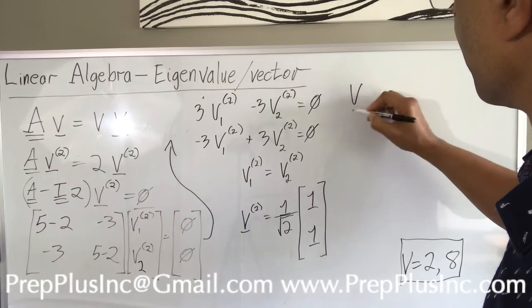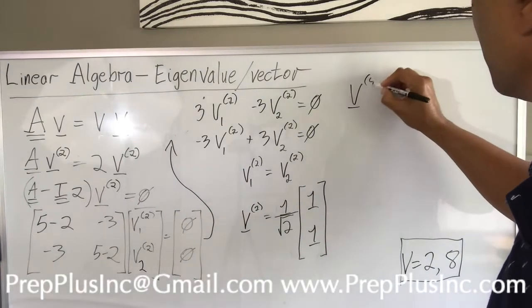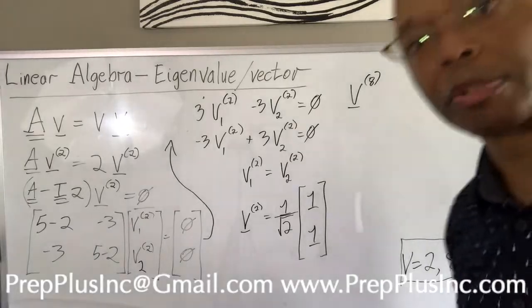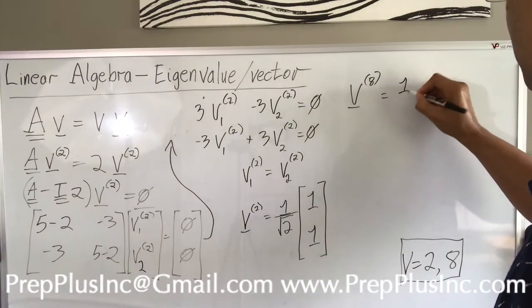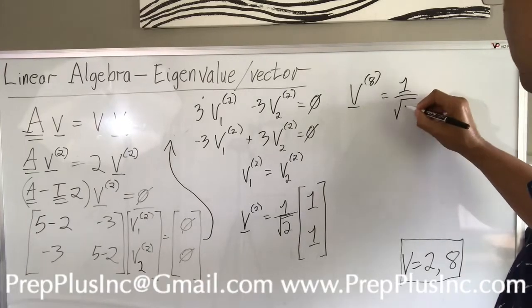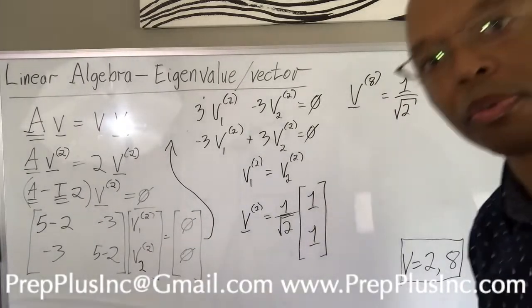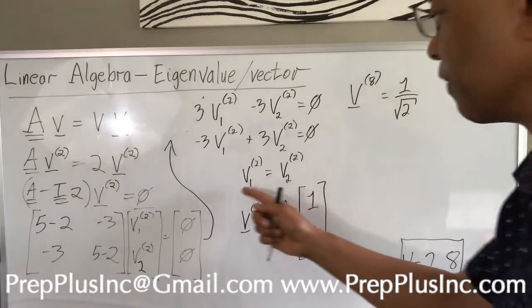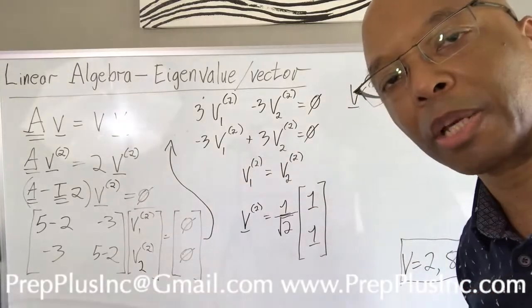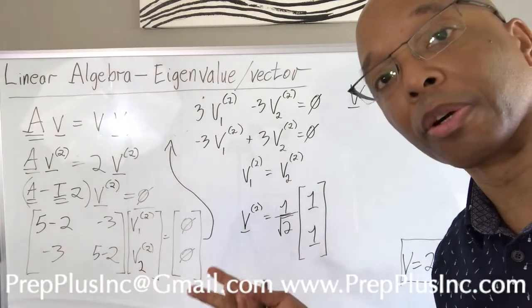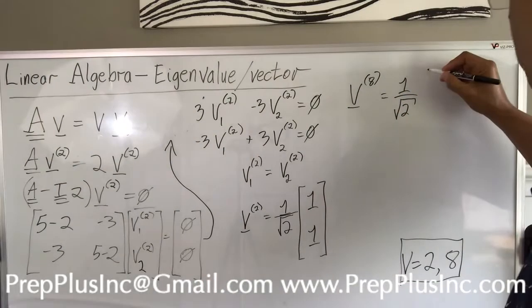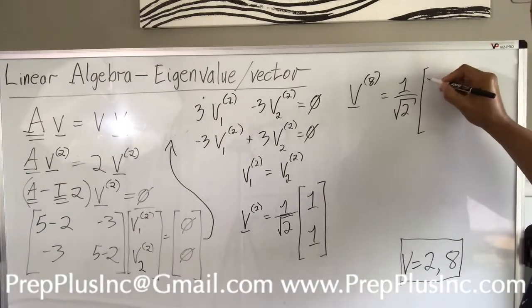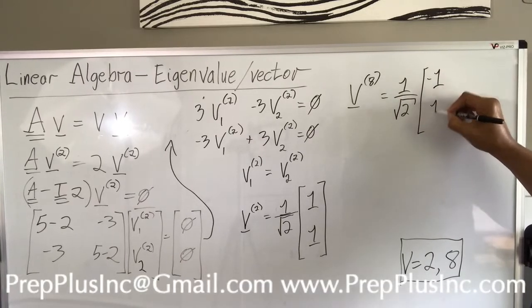The eigenvector corresponding to eigenvalue 8 is, again, the normalization factor 1 over the square root of 2, and then instead of both components being equal, one is the negative of the other. So the simplest one we can come up with is minus 1 and 1.